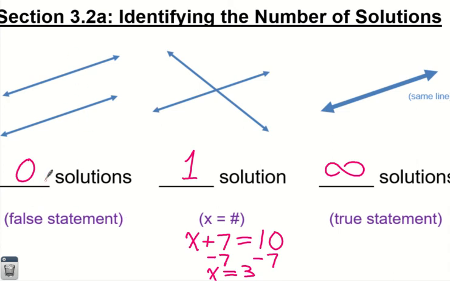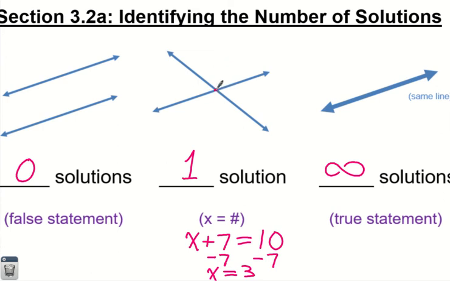So a false statement means there are 0 solutions. What that means is that two lines that are parallel have 0 points in common. They don't intersect at all. Two lines that intersect share how many points in common?